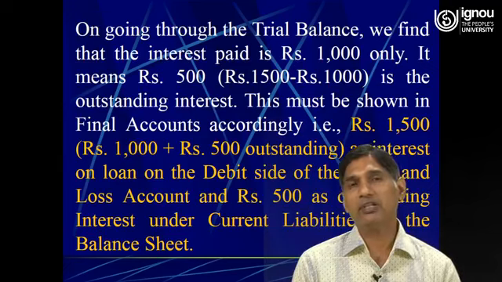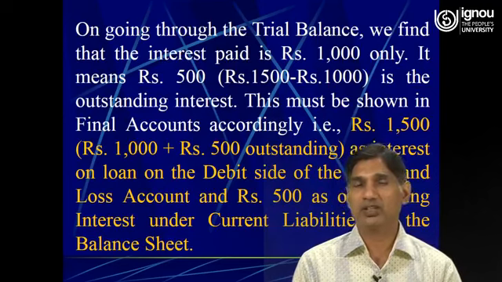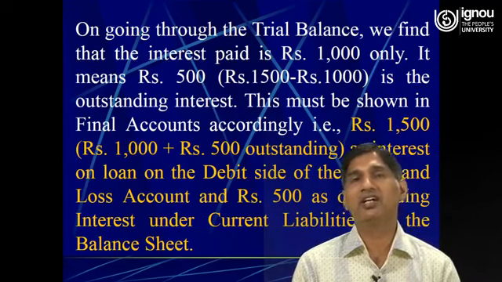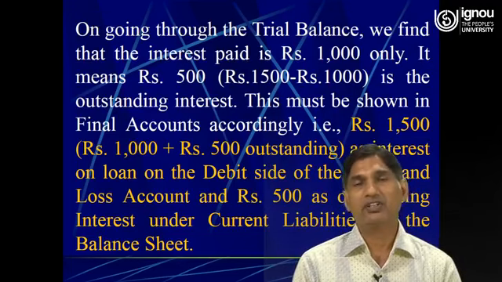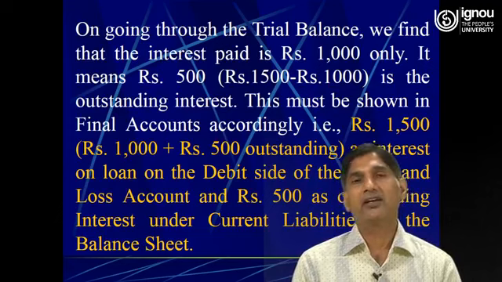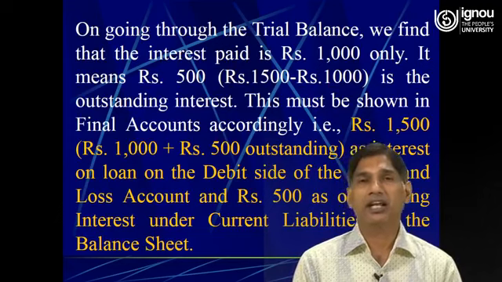So in the debit side of profit and loss account, the total amount of rupees 1500, that is interest paid rupees 1000 plus outstanding interest rupees 500, will be debited to the profit and loss account.